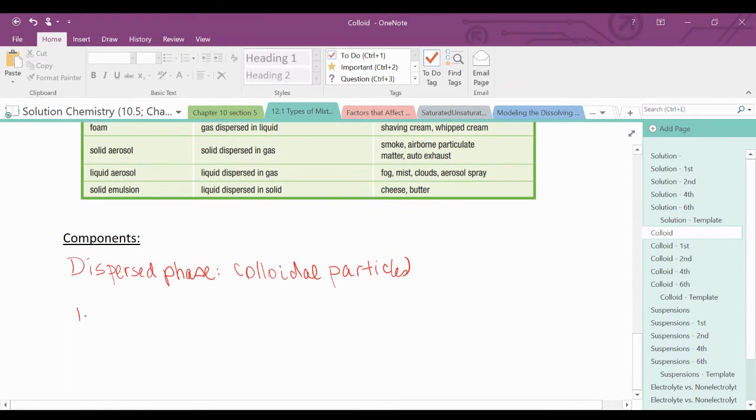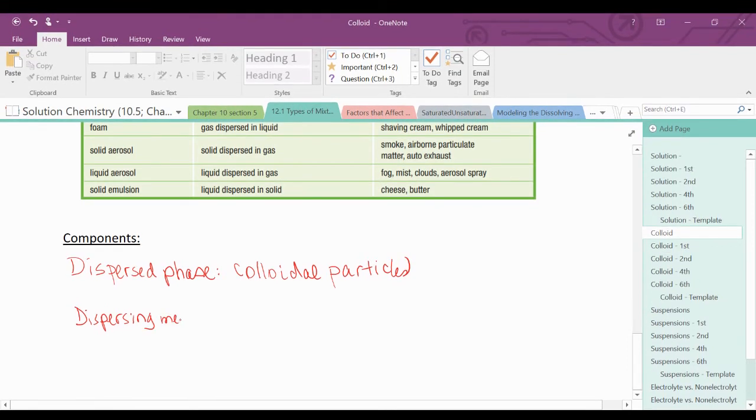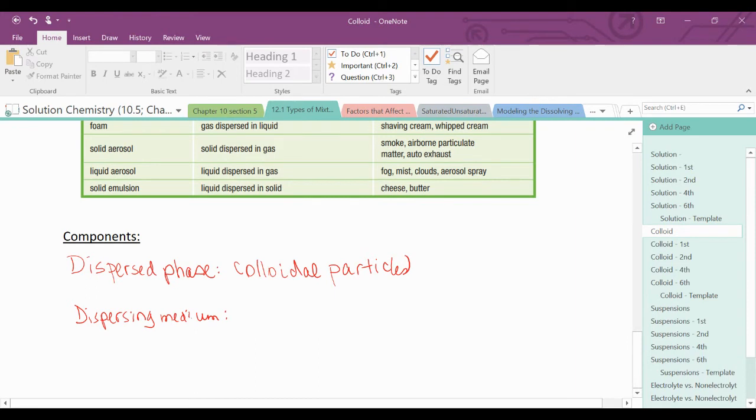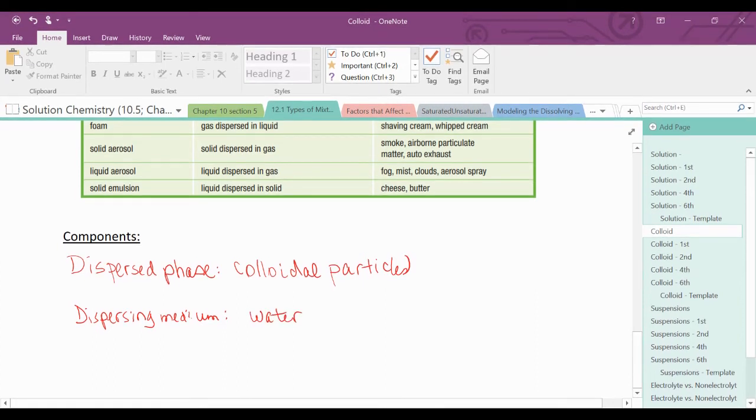And we have the dispersing medium. So what those colloid particles are dispersed in. So typically where you think of water here as our dispersing medium.